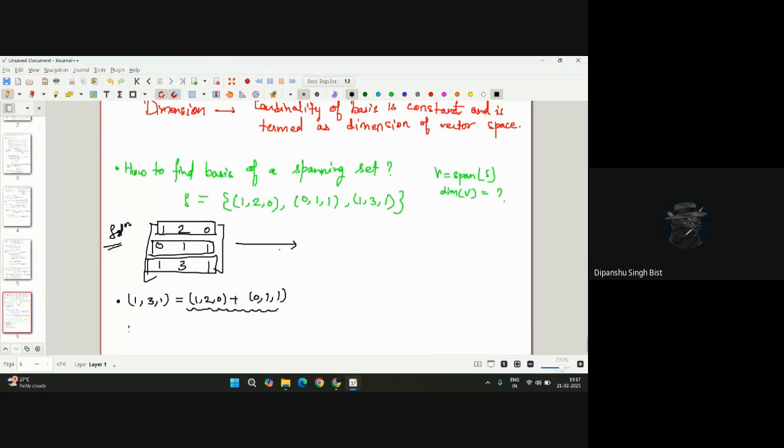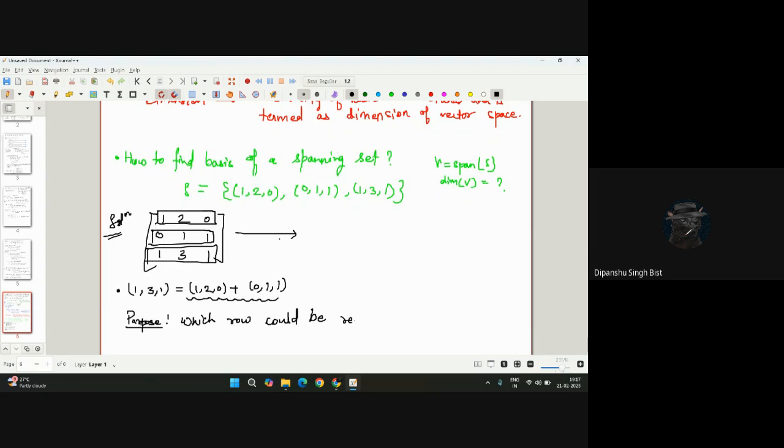So we are trying to find which row can be represented as a linear combination of other rows. Basically we want to perform row reductions here.